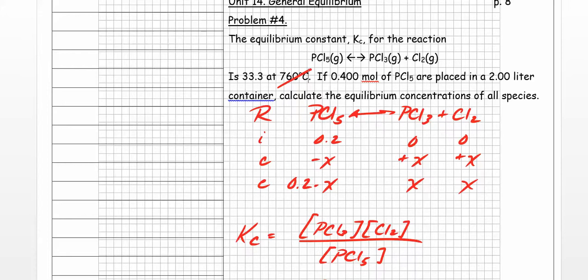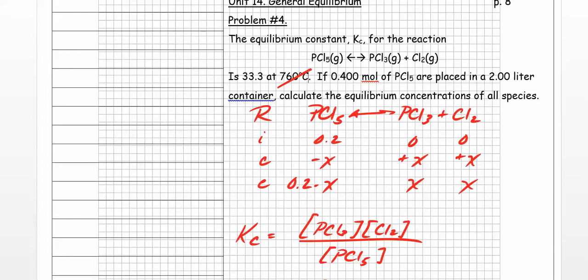So what's happening? Well, in the change line, we know we're going to have to move towards where the zeros are. I know it seems like it's always going to the right, but believe me, there will be problems where we'll move to the left if the zeros are on that side. So we've got plus and plus on this side and a negative sign on this side. Now this is a balanced reaction. It's 1 to 1 to 1.